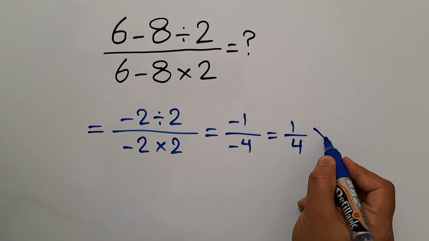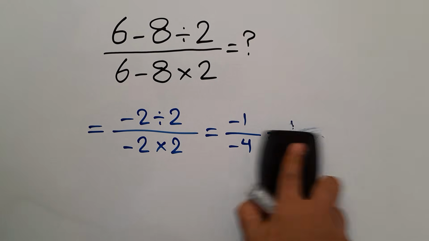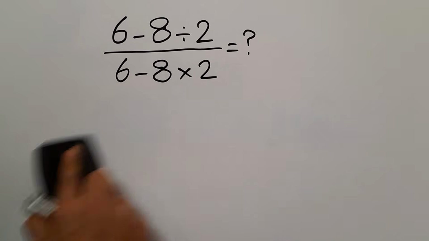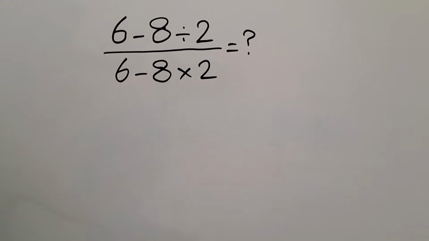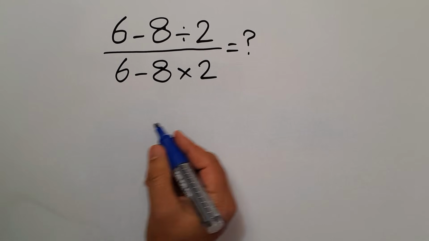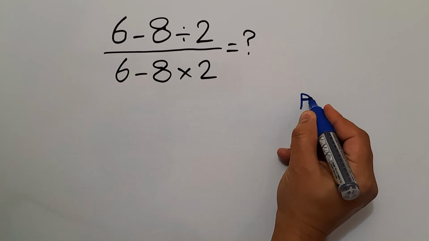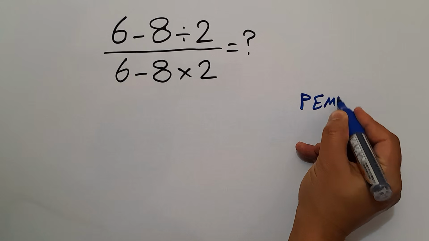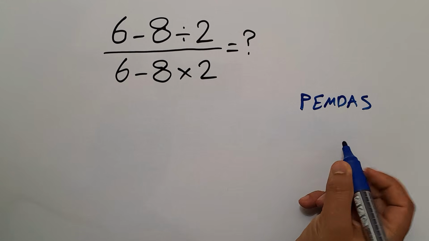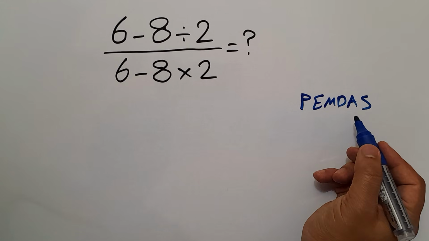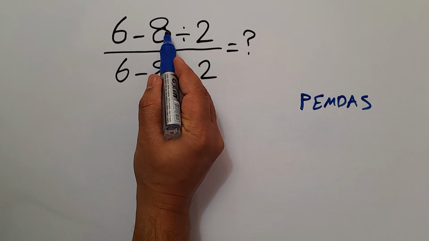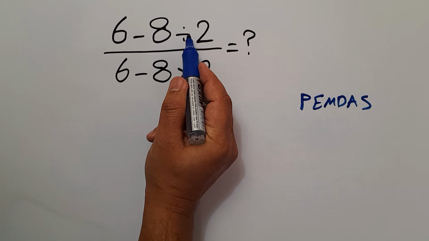But this answer is not correct, because according to the order of operations, which is PEMDAS, according to this rule, first here we have to do this division, okay?